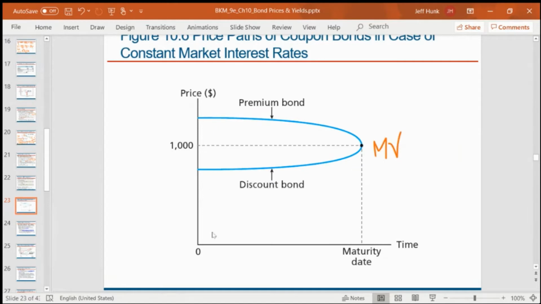But because it's a premium bond, the farther away from maturity, the higher the price is. As it nears maturity, it shows this pattern: the price of the bond goes down as it reaches maturity.